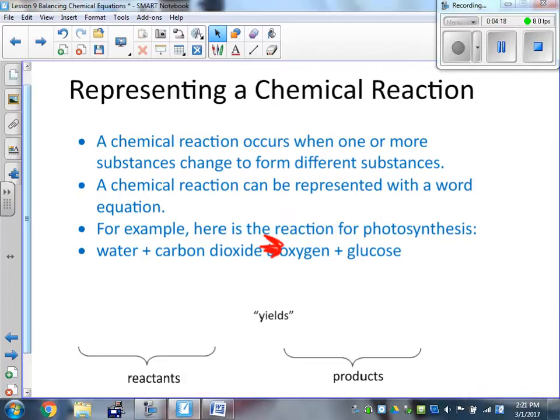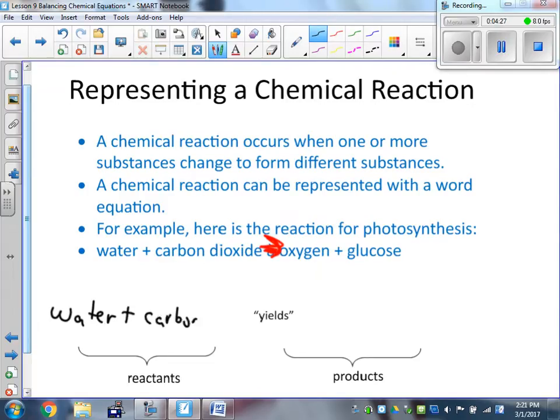So what are the reactants, for example? Well, like I said, water and carbon dioxide would be the reactants, right? The reactants are on the left-hand side of the equation.